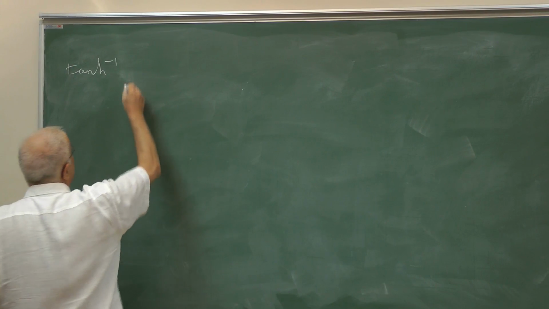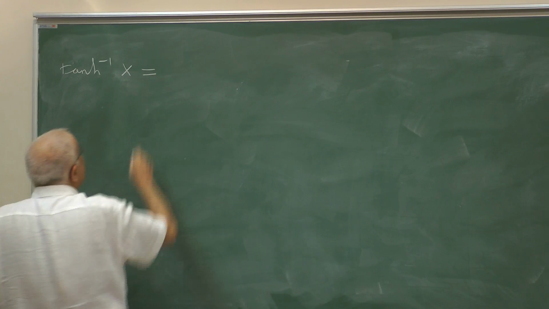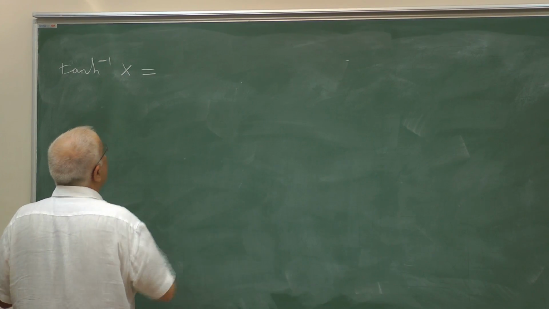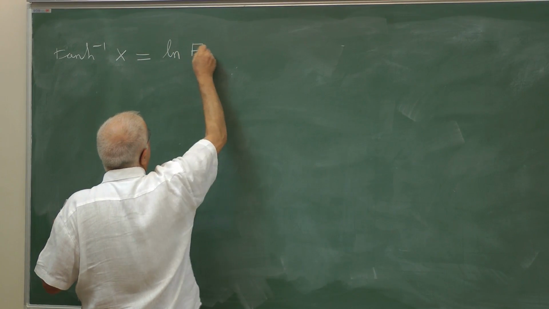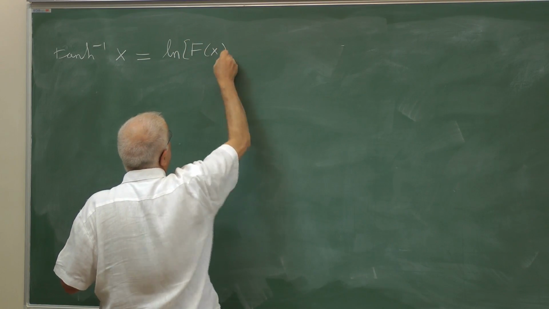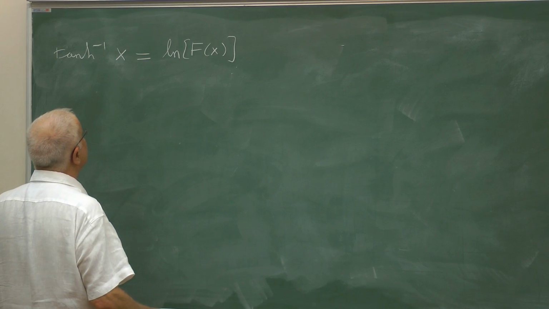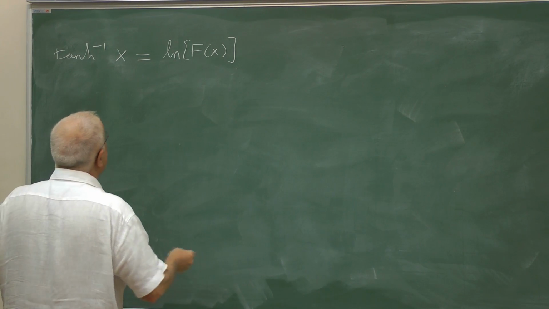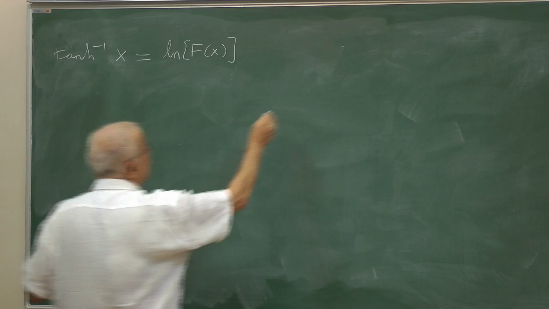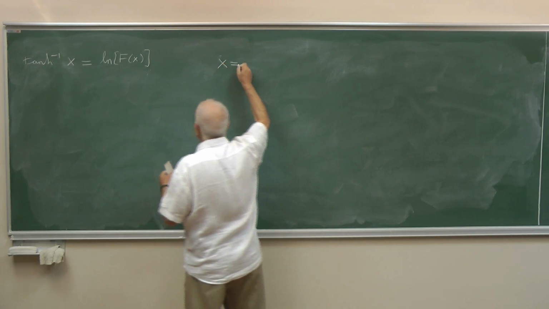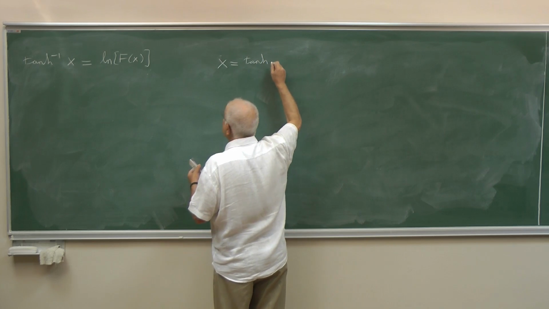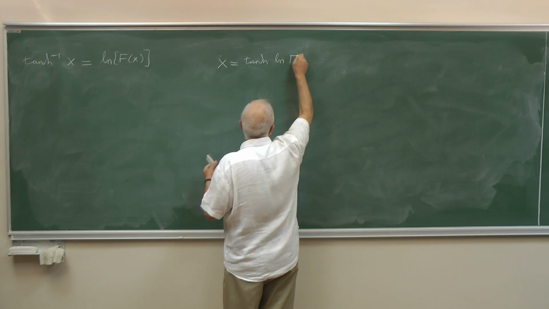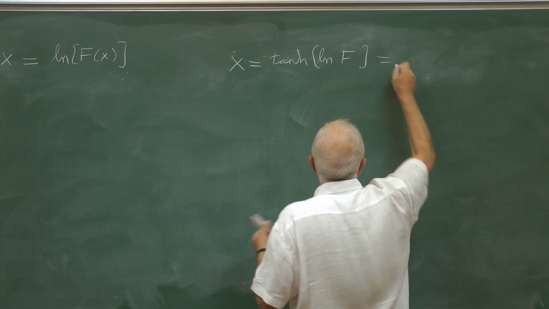Inverse hyperbolic tangent x equals ln of a function of x. So x equals hyperbolic tangent of ln f. What is hyperbolic tangent?